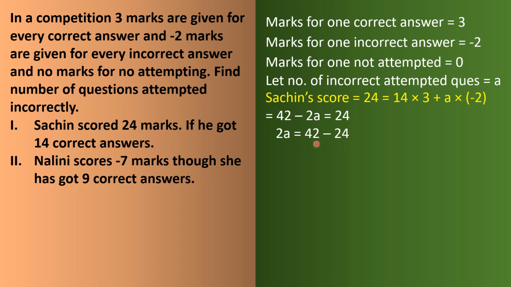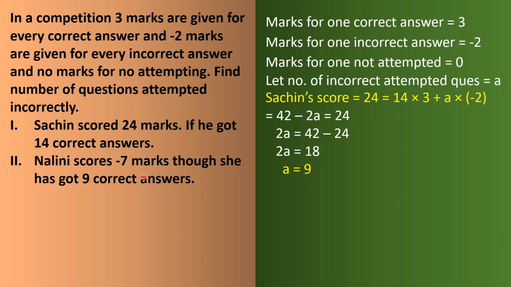Now just solve this. 42 minus 24 is 18, and we need to find the value of a, so we will transfer this 2, which is in the form of multiplication, to the other side in the form of division. So a equals 9. So the number of questions attempted incorrectly by Sachin is 9.